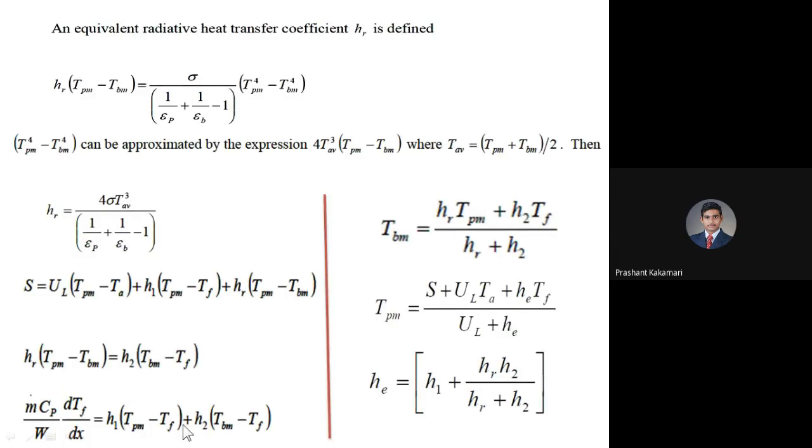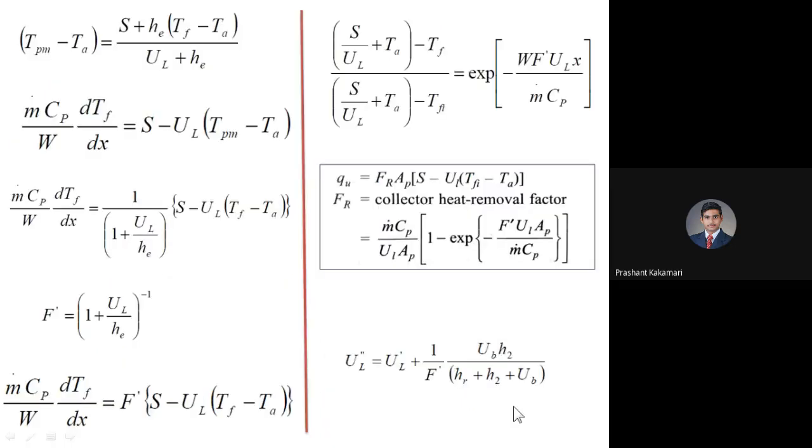So with H1, H2, if you take all these terms to one side, I can substitute HE as H1 plus HR into H2 divided by HR plus H2. After simplification, it is S minus UL into TPM minus TA. It is in the form of the heat balance of the entire flat plate collector or the air heater.